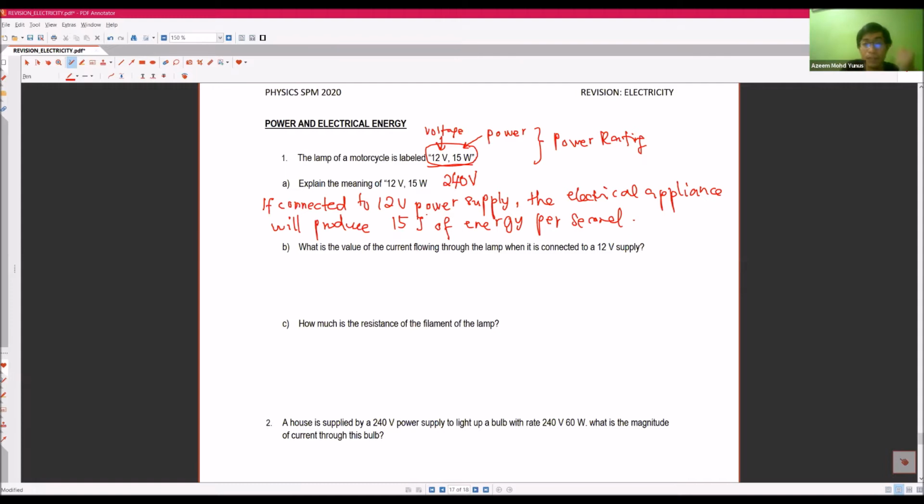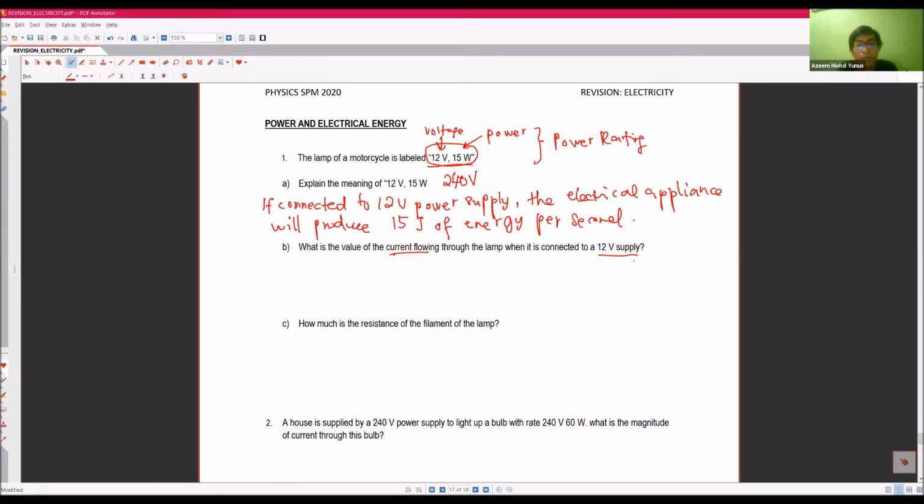Okay, let's see question B. What is the value of the current flowing through the lamp when it is connected to a 12 volt supply? Let's add some more information here. If the power rating says 12 volt 15 watt, then what happens if we connect it to below 12 volt, for example 6 volt?